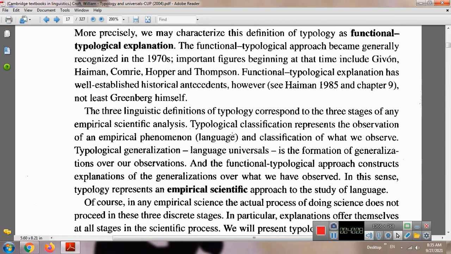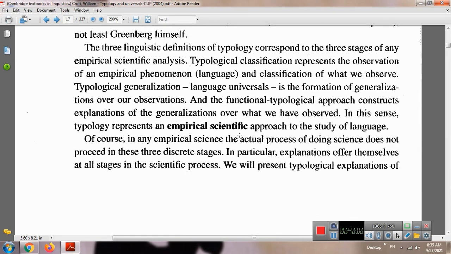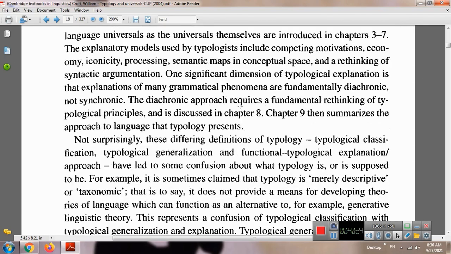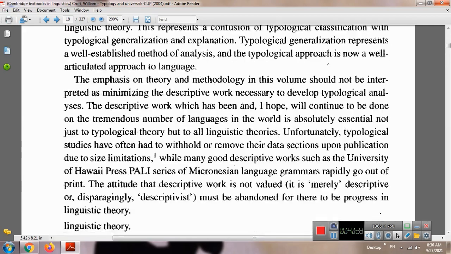Here we told you that for doing typology we need empirical data of languages, the number of which is very important, but because of the limitations we have, we deleted some of these matters.